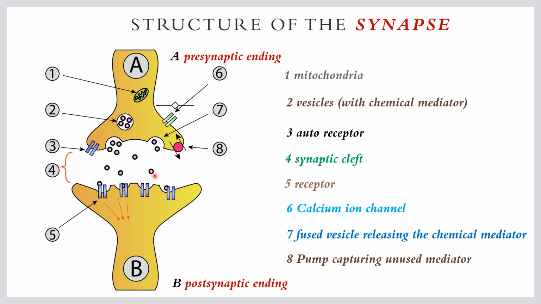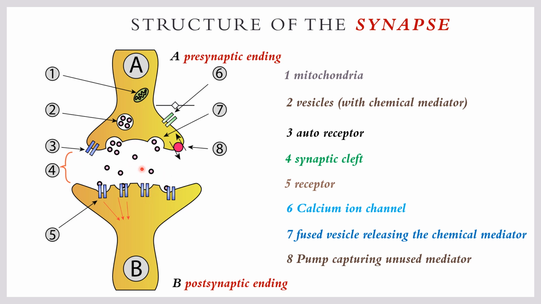In this picture, for didactic purposes, the synaptic cleft is drawn with a little bit of space. The space is not that narrow. In reality, the space is quite narrow, but there is a space between those two neurons.